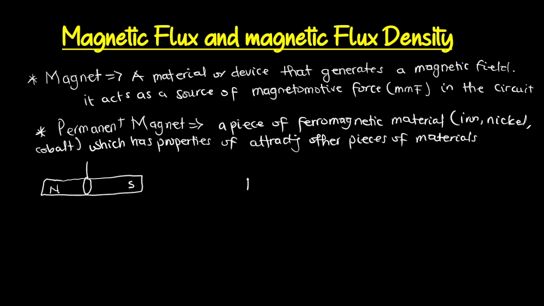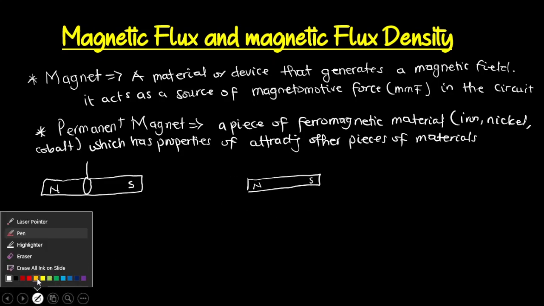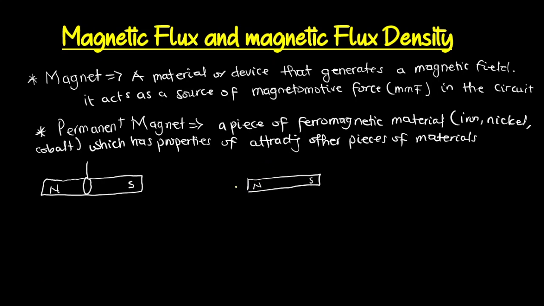If we have a piece of magnet like this, where this is the north and this is the south, how does the magnetic flux move around in this magnetic area? Let's look at the direction of the magnetic flux. The magnetic force is felt along these lines, which we call the magnetic flux. It moves from the north pole to the south pole in both directions: north to south, north to south. To show that, we use arrows going from the north to the south.